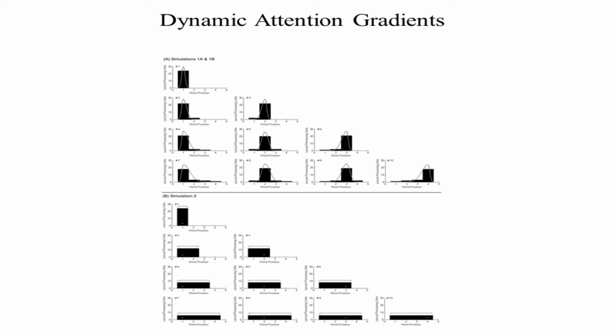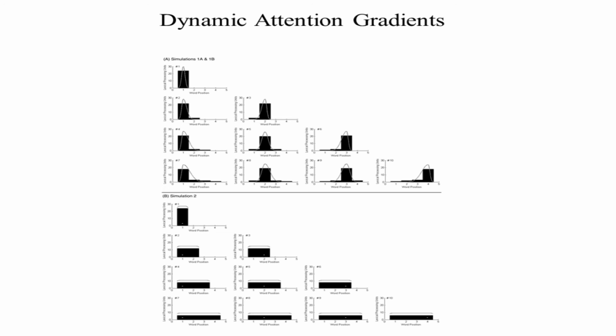So if you look at the top here, this gradient corresponds to strictly serial processing, where all of the processing resources are really focused on a single word. And in contrast, let's take this one down here. Here, most of the processing is on the second word, but some processing also happens during each fixation from the word preceding it and the two following words.